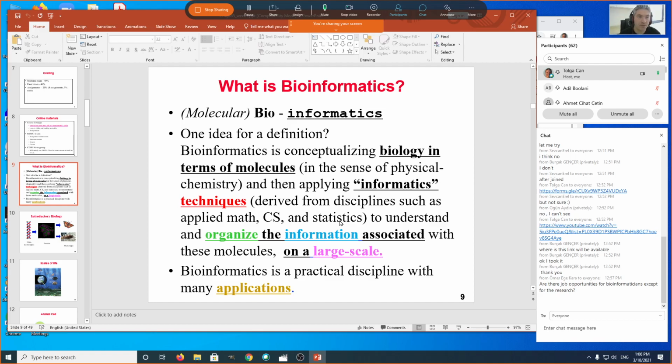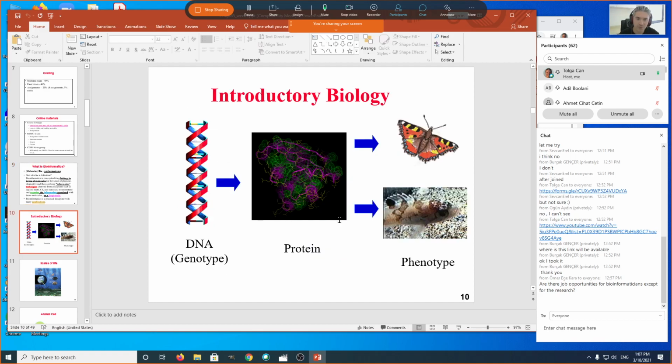You may need to develop new data structures. Some computational problems from this domain may be really interesting, and they may also increase the knowledge in computer science in general. But it's really difficult to find such problems which will contribute both to computer science and to molecular biology and genetics. So let's start with introductory biology for computer scientists who do not know what genes are.